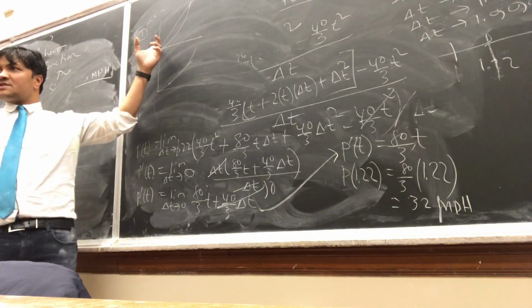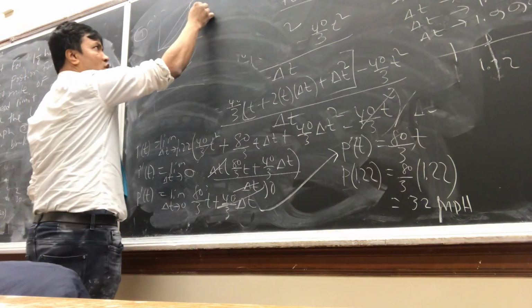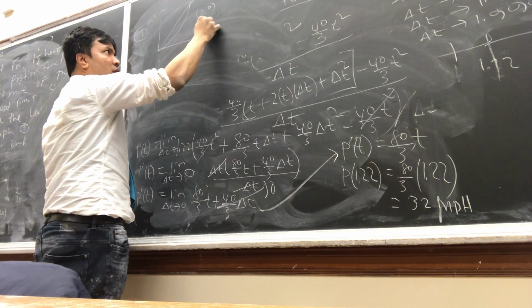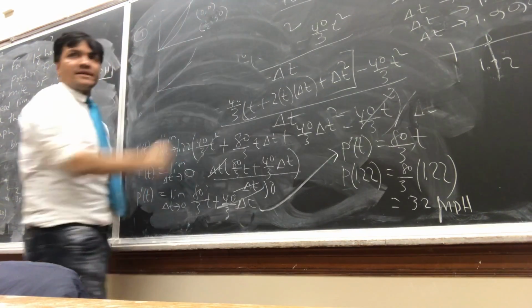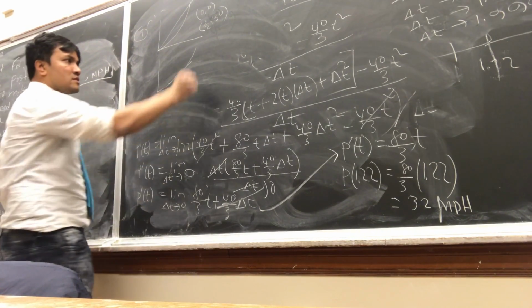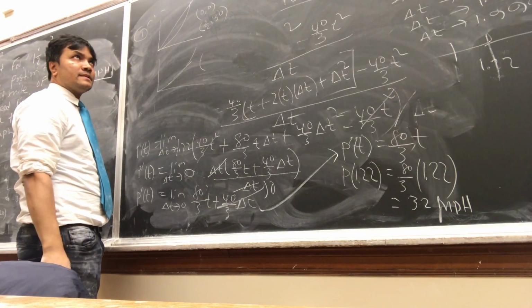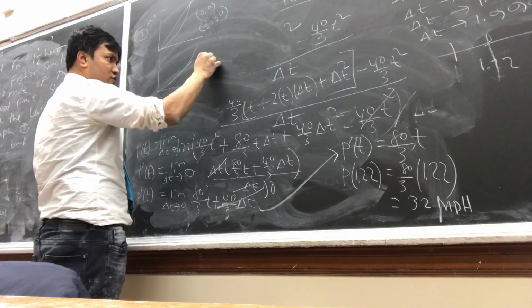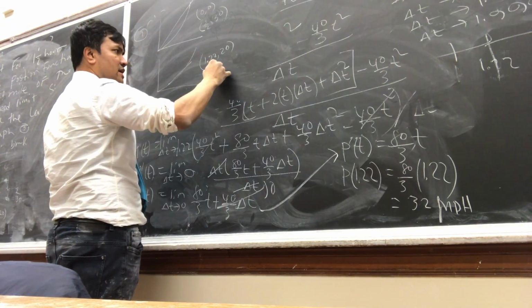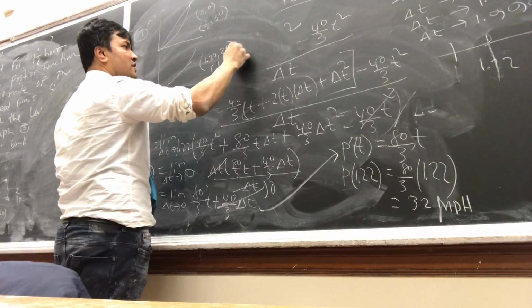This one was two points, 0, 0, and 3 over 2, 30, right? Two points. This one, 1.22, 20, and 13.33. Very good.